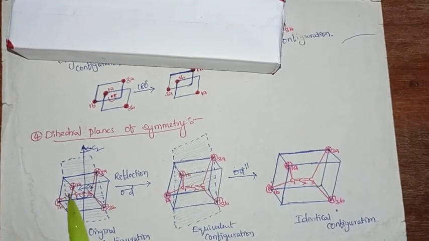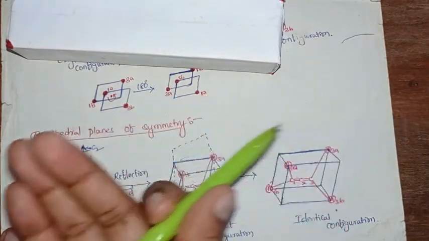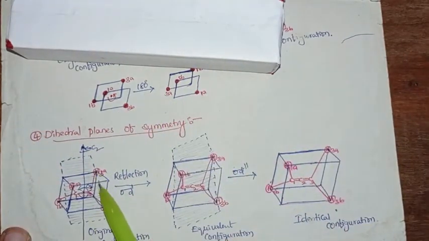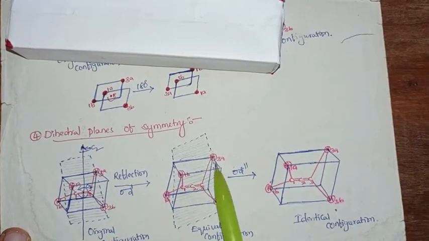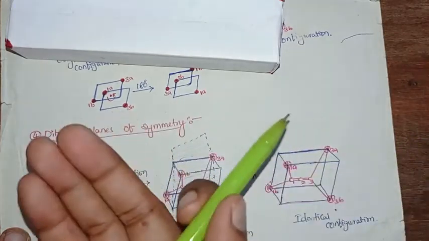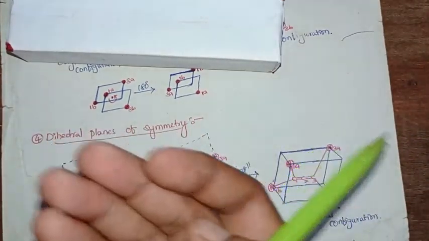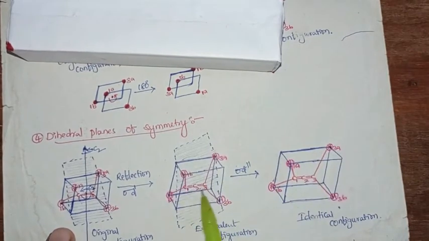So after all, while we reflect the atoms, all the carbons will retain their position as the plane is passing through them, right? And the two hydrogens H3A and H3B will also retain their position, where the plane will bisect the atoms into equal halves. While it is reflecting the halves, the atoms retain their position, right?